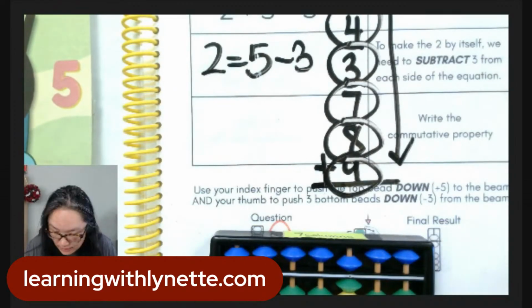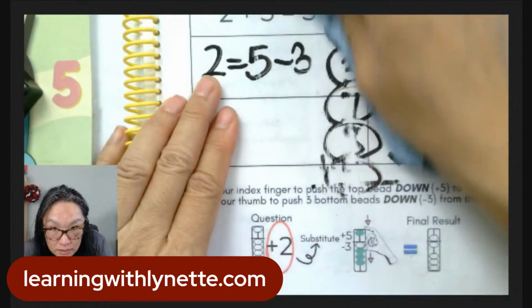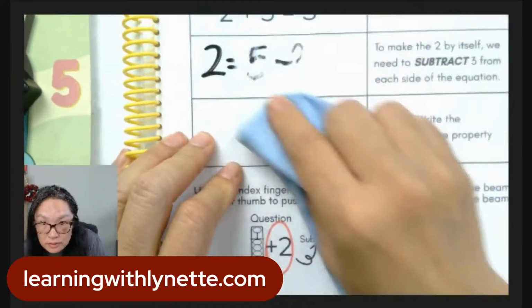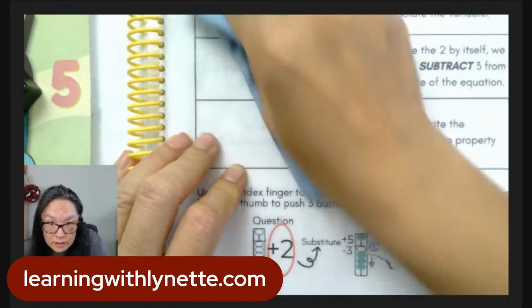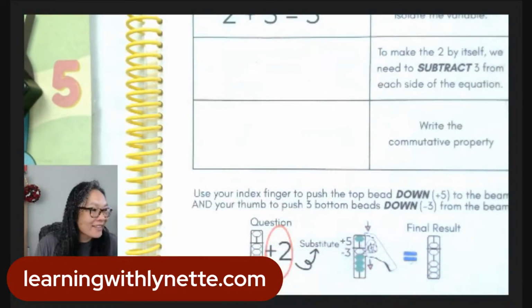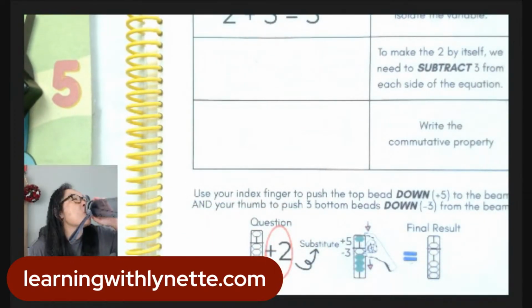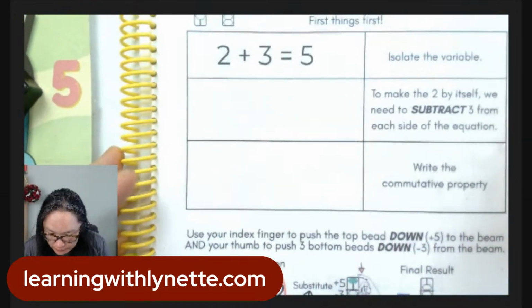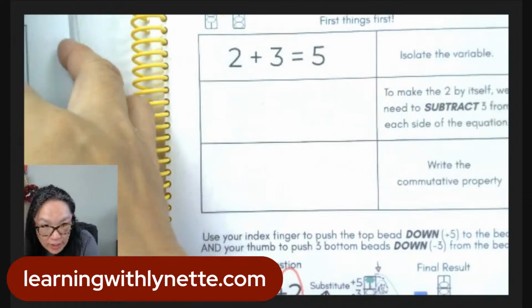Okay, does that make sense? Good. Okay. Whew, that was a lot of water I drank. How are we doing? So we added, now we subtract.